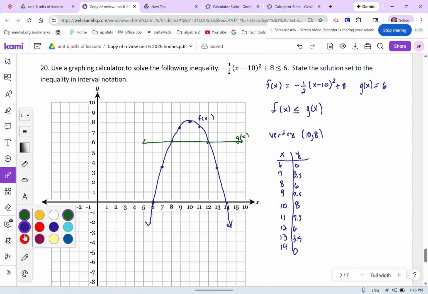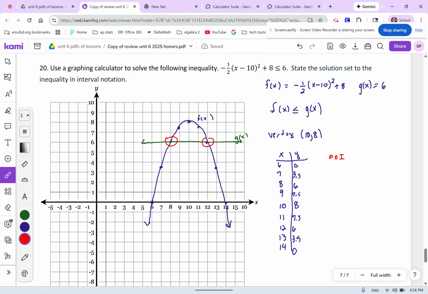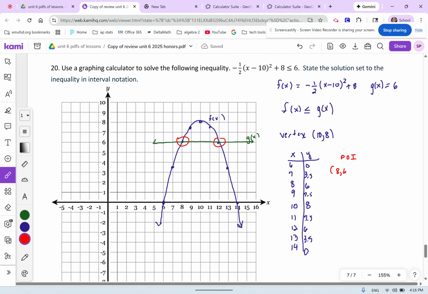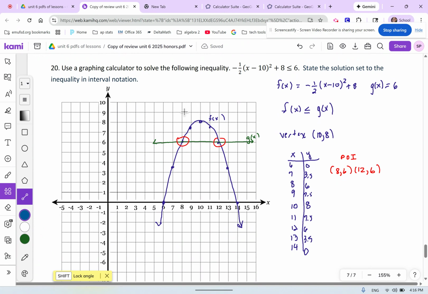Next, we need the points of intersection. So the points of intersection are 8, 6. And the other point of intersection is 12, 6. And I'm going to make 2 vertical lines at those points of intersection.